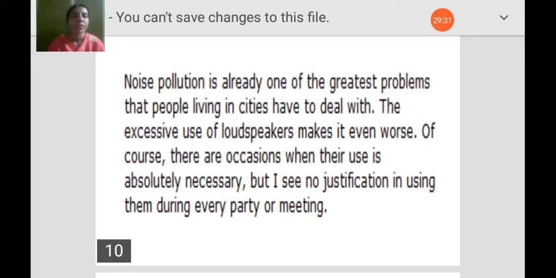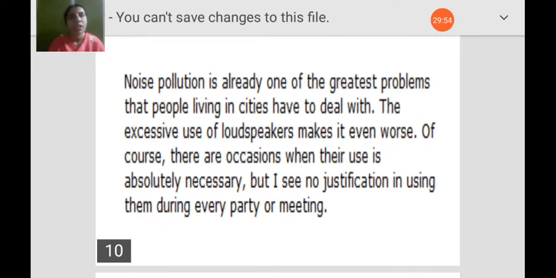The excessive use of loudspeakers makes it even worse. Of course, there are occasions when their use is absolutely necessary, but I see no justification in using them during every party or meeting.